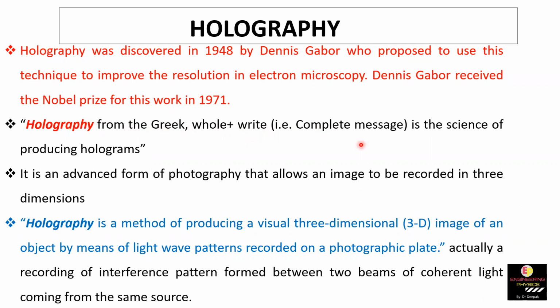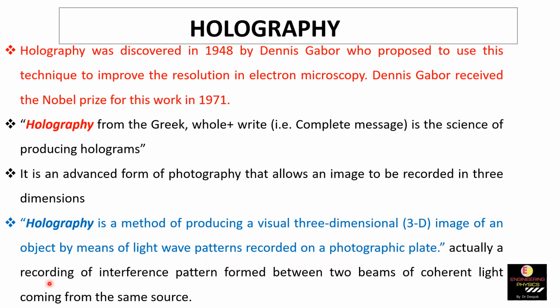So holography is the science of producing holograms. It is an advanced form of photography that allows an image to be recorded in 3 dimensions. So holography produces a 3-dimensional image of an object by a light wave pattern recorded on the photographic plate.